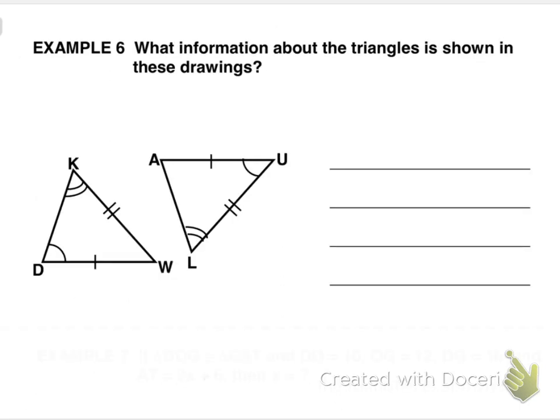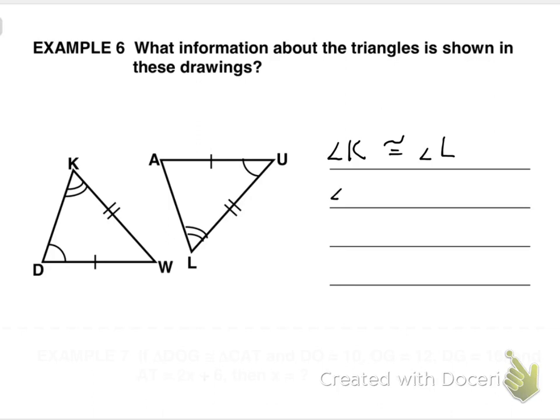Now looking at the next drawing, what information about the triangles is shown in those drawings? Okay, well, angle K is congruent to which angle? Angle K is congruent to angle L. Those are the ones that are marked with the same markings.